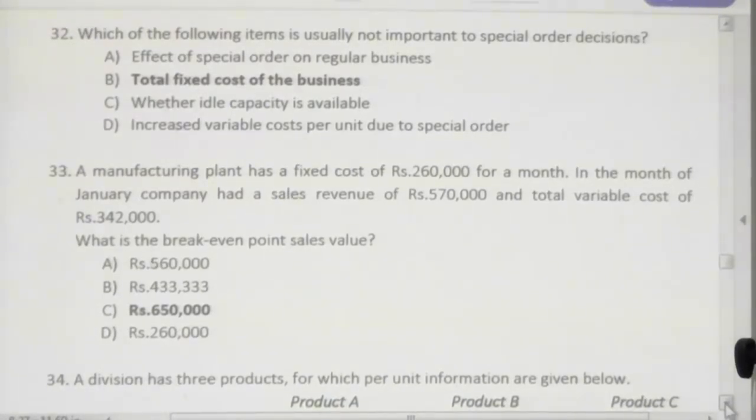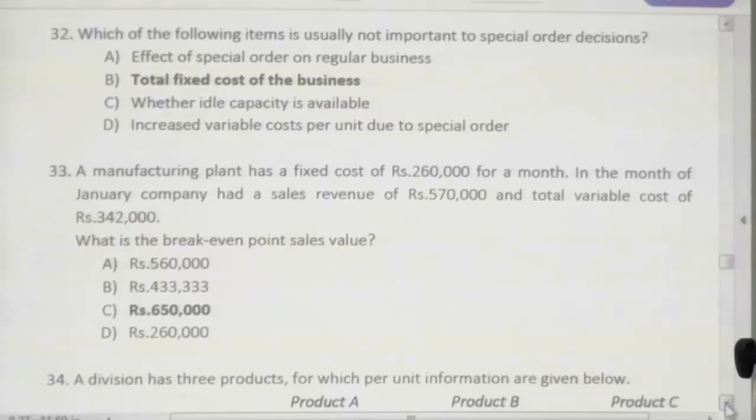Is that clear? Because when you are accepting a new order, first of all you have to see whether you have the capacity. If you have the capacity, even if you accept the special order or not, your fixed cost is not going to change. As I told you in my example, you have a room with 4 bed capacity and only 3 people within the room.